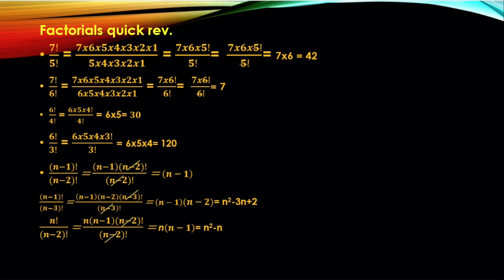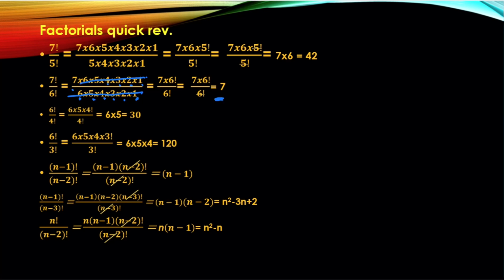Just as a repetition, the same kind of example: 7 factorial divided by 6 factorial. It will be 7 times 6 times 5 times 4 times 3 times 2 times 1 over 6 times 5 times 4 times 3 times 2 times 1. Okay? All these from 1 to 6 cancel each other, and we end up with 7 only.